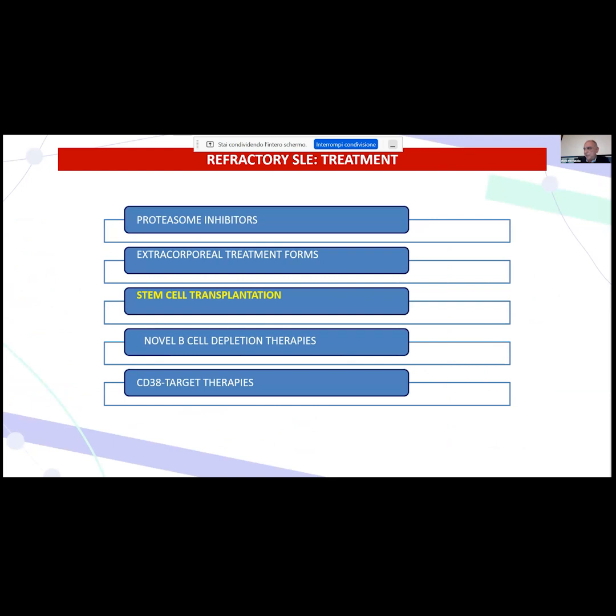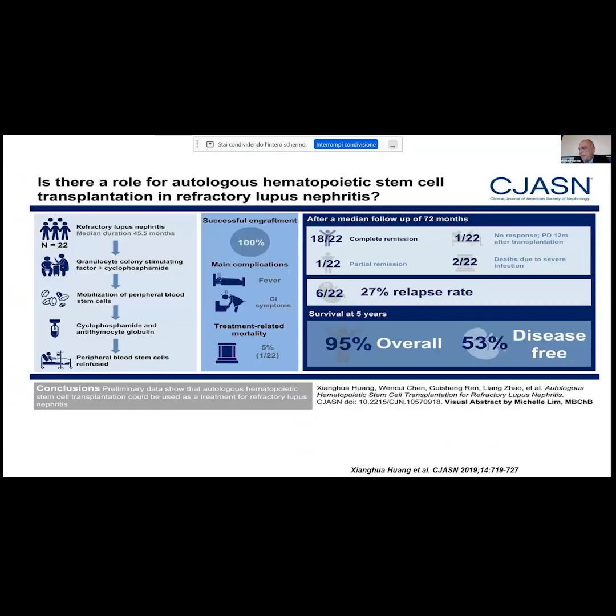What about stem cell transplantation? Stem cell transplantation, as reported by the EULAR registry, has been mainly used when damage accrual was already present, and this may explain the high procedure-related mortality. But in contrast, single-center preliminary results and emerging strategies such as umbilical cord mesenchymal stem cell transplantation in the early disease course indicate a good renal outcome.